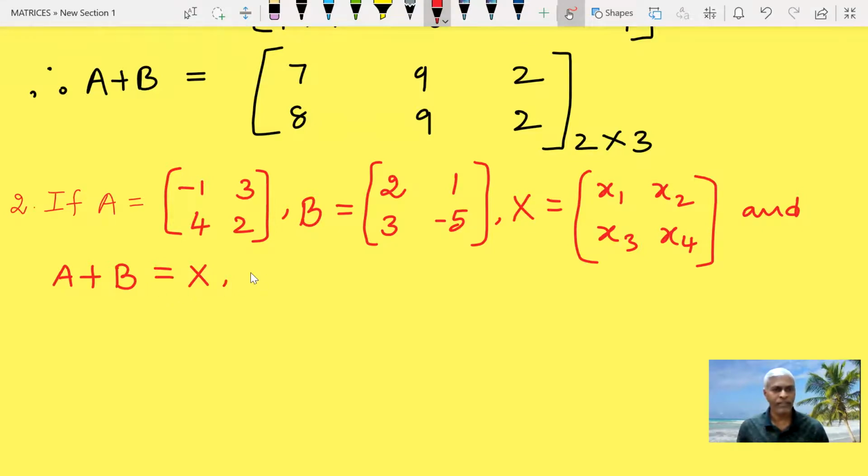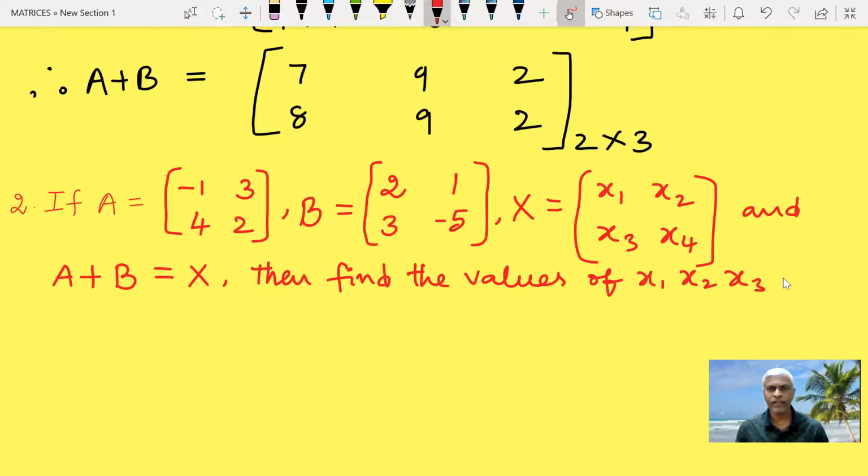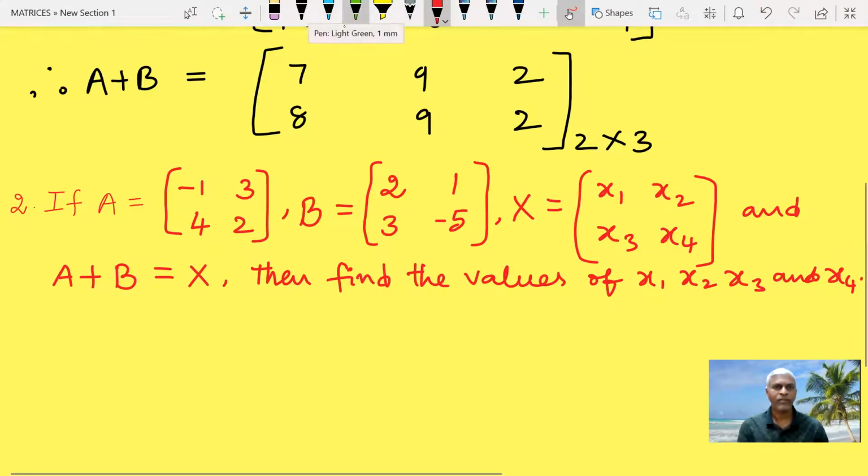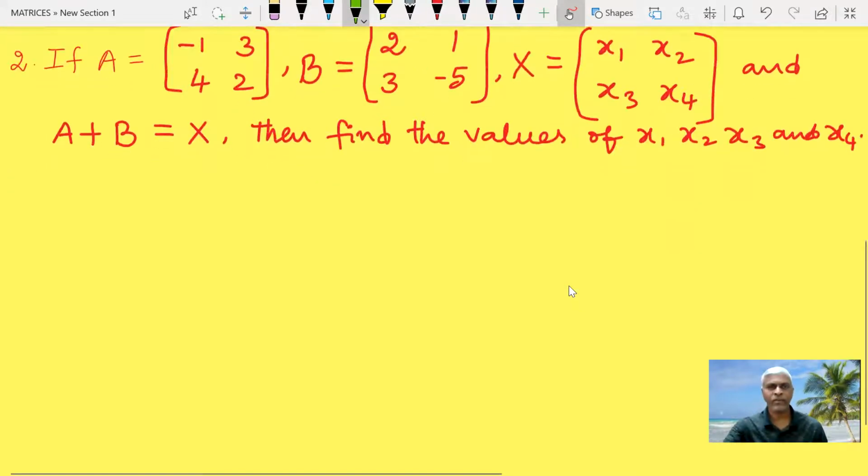So we have to find the values of x1, x2, x3, x4 if A plus B is equal to X. Look at the condition.